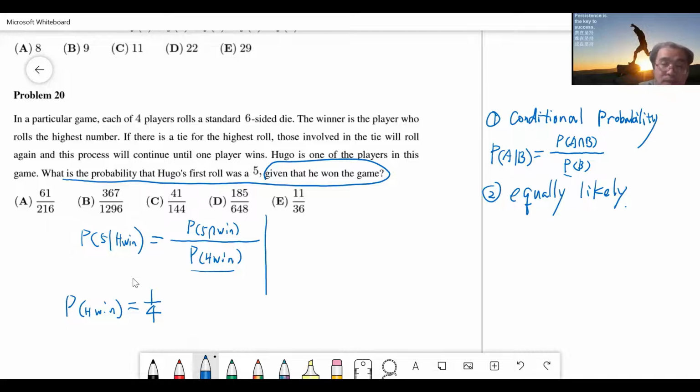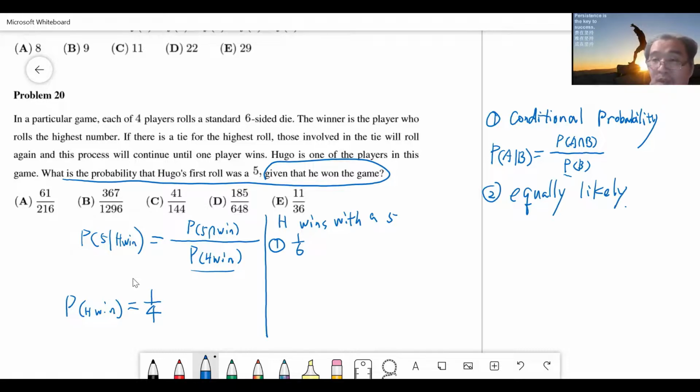Now we look at the probability that Hugo wins with a 5. Case 1: Hugo rolls a 5, and all the other players roll a number smaller than 5. So Hugo has 1/6 chance of rolling a 5.